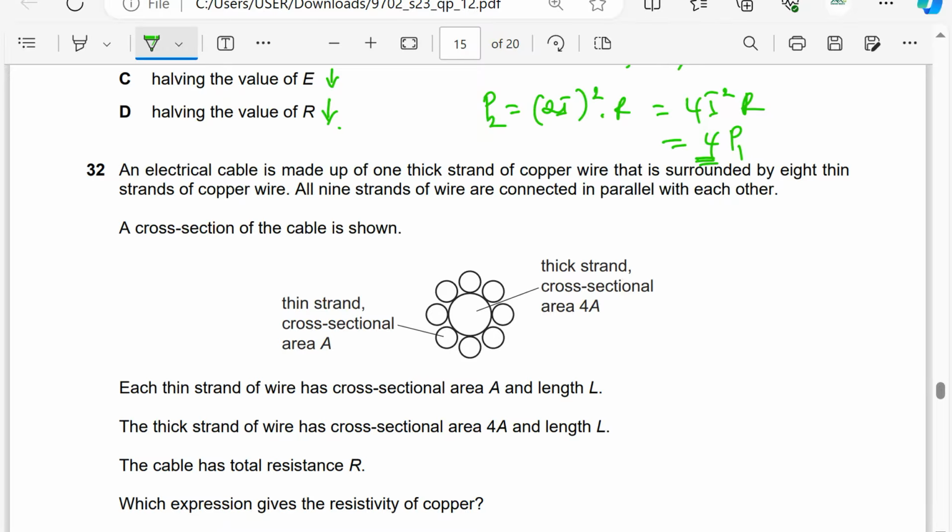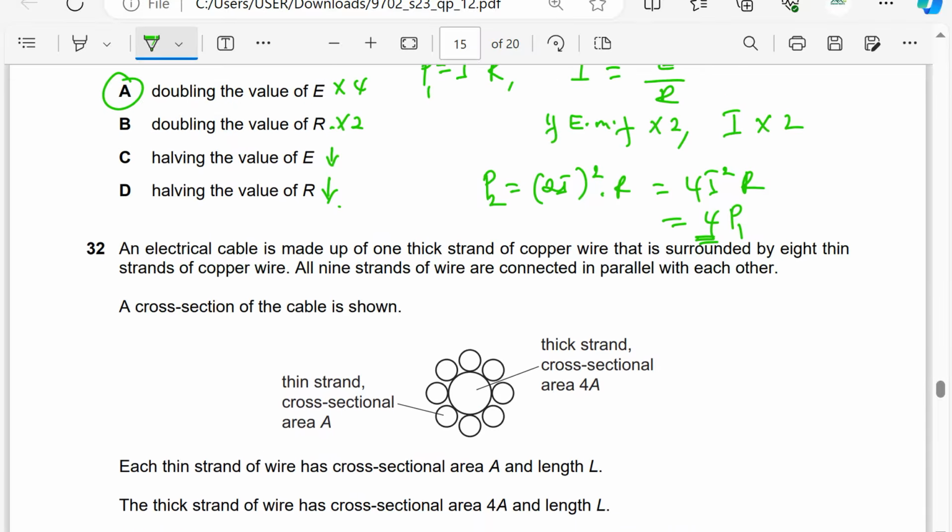An electrical cable is made up of a thick strand of copper wire that is surrounded by 8 strands of copper wire. All 9 strands of wire are connected in parallel. Okay, so we have to consider resistors in parallel.